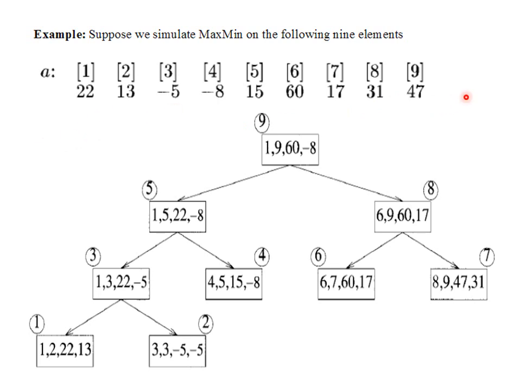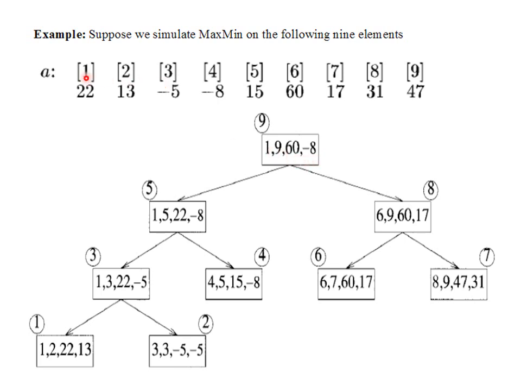Now we are finding the maximum and minimum by first passing lower value 1 and upper value 9, and the maximum and minimum obtained are 60 and minus 8. Actually, here is how it goes.